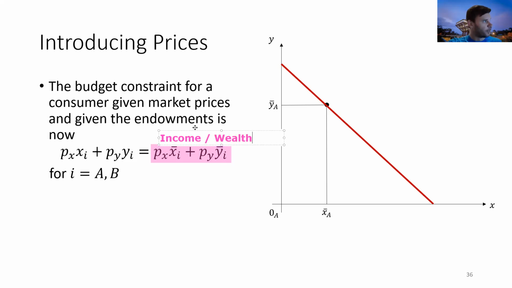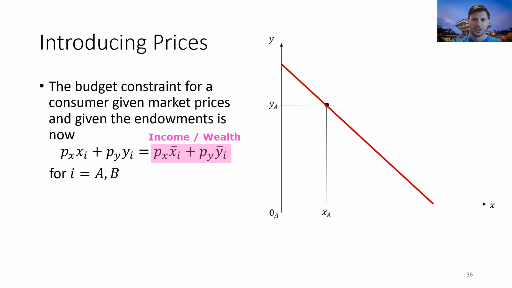I'm going to abuse the term and use those interchangeably for now, since we're dealing with the static one-period model here. But in this model, we don't have just income endowed to the individuals anymore. The individuals are endowed with certain amounts of goods X and Y, and it's the market value of the endowment that really determined how much the spending was constrained by the budget.